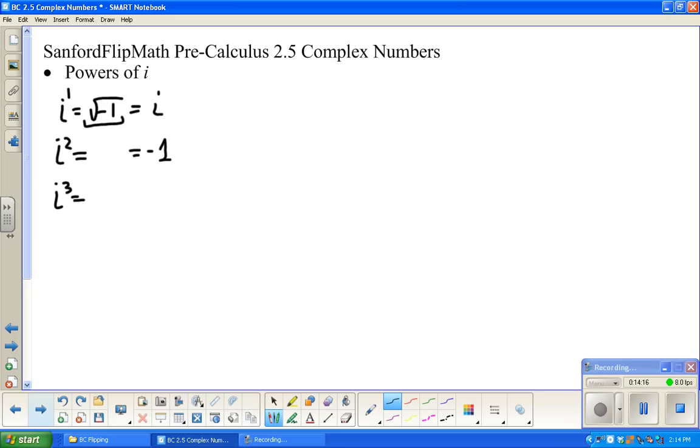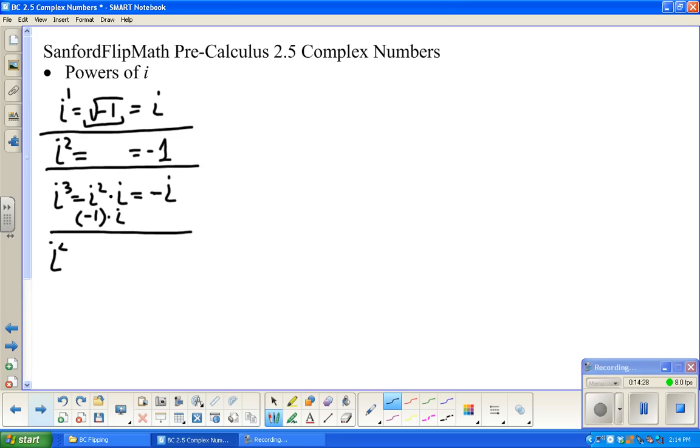Well, i to the third would be the same thing as i squared times i. So this is negative 1 times i, so I'm going to write that as negative i. i to the fourth would be i squared times i squared. Well, that's negative 1 times negative 1, so that's just 1.